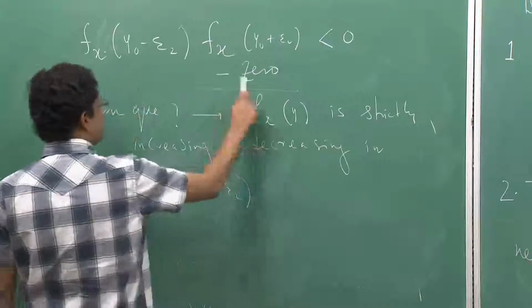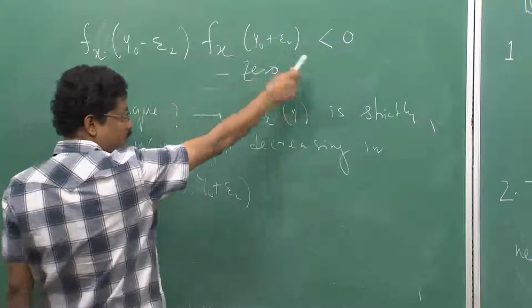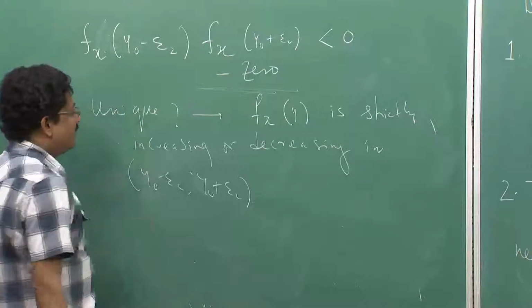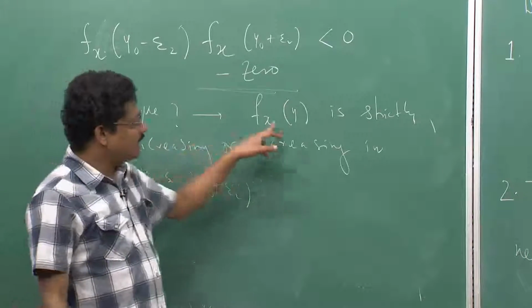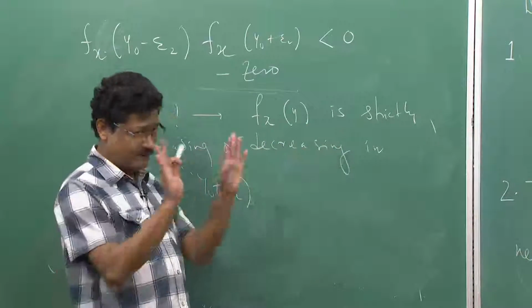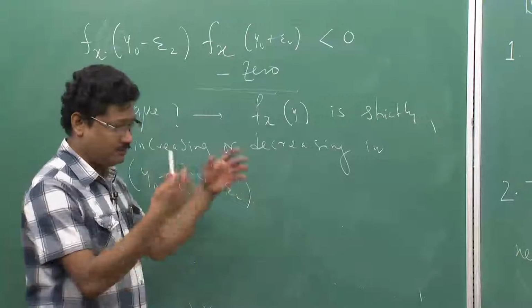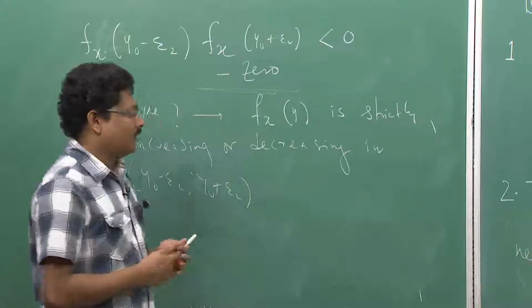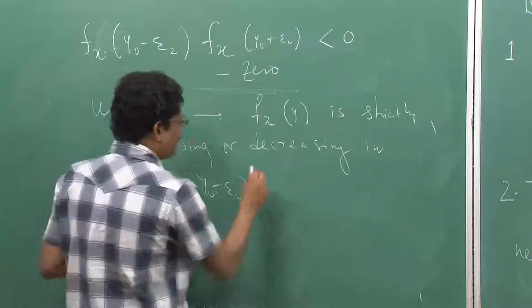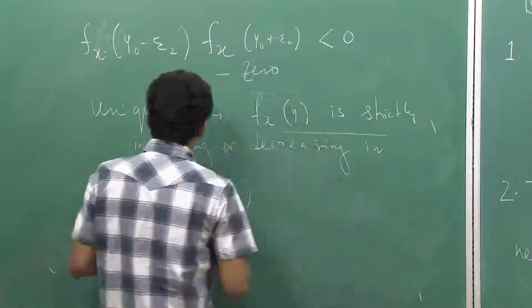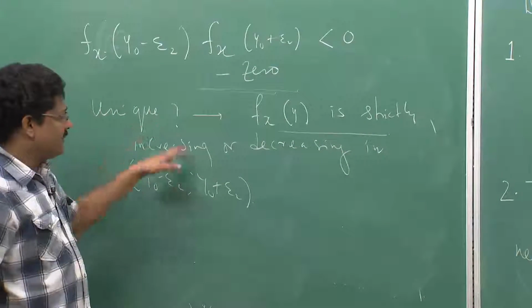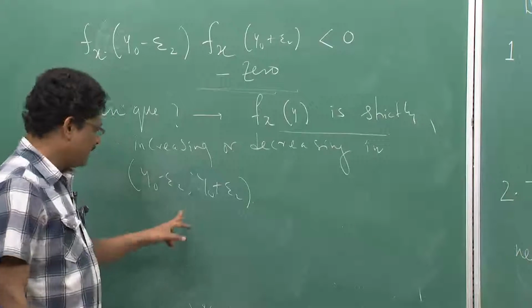A 0 here means it changes sign at the two endpoints, and the uniqueness will be guaranteed if this is strictly increasing. This is one of the sufficient conditions. There could be many, but we have to attack whatever we have in position. So, if it is strictly decreasing or strictly increasing, then I will have a unique 0.